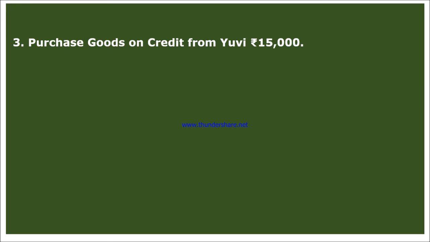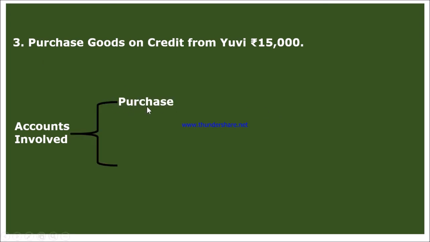If we take another example, that is purchase goods on credit from UB, rupees 15,000. Again, let us see what accounts are involved here. The two accounts are purchase and UB. In this regard, students, you have to keep in mind that whenever you purchase goods, you have to write that as purchase.